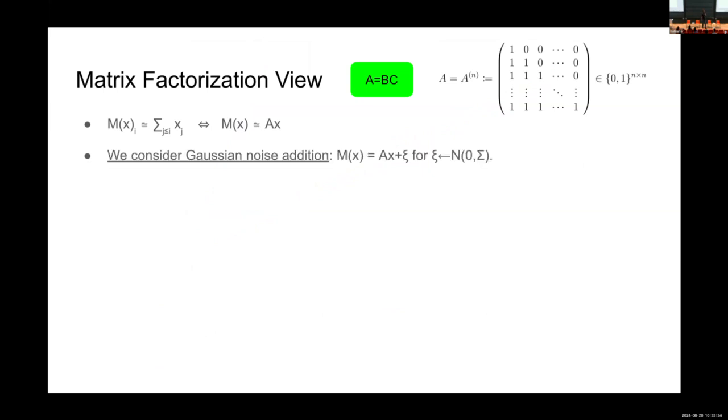Now we're interested in Gaussian noise addition. So we're adding Gaussian noise with some covariance sigma. And an equivalent way to do this would be to look at the Cholesky decomposition of that covariance matrix and then sample independent noise and multiply that by B, which is the square root.